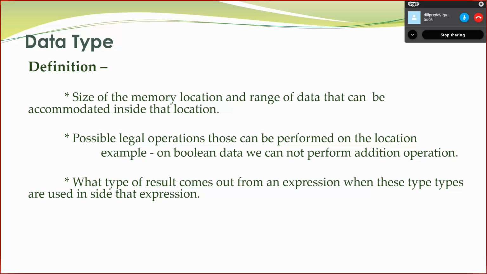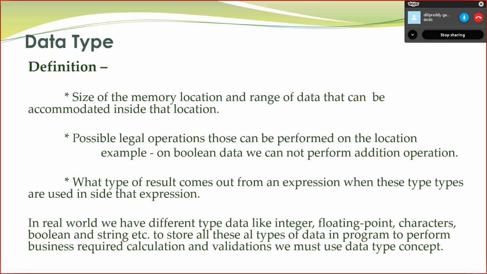In the real world we have different types of data: integers, then floating numbers, meaning decimal points, and we have characters, boolean, and string. Those are the data types that can come in our programming language.